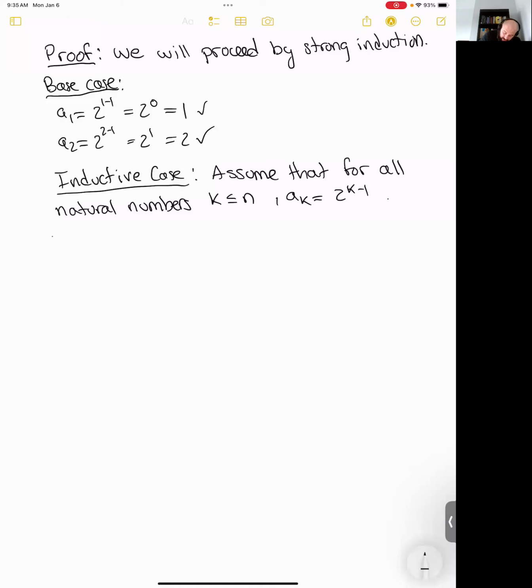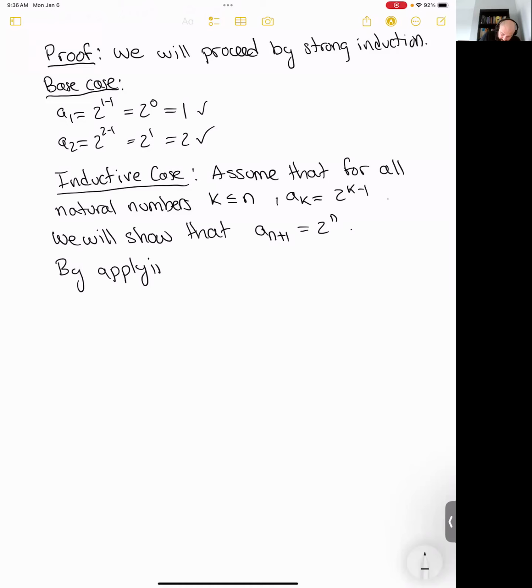And now we will show that a sub n plus 1 will be equal to 2 to the n plus 1 minus 1, which is just 2 to the n.